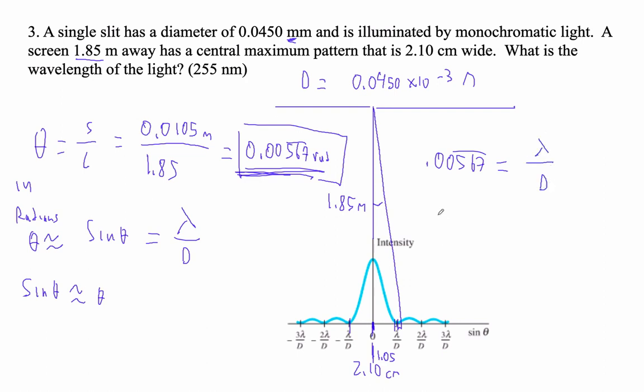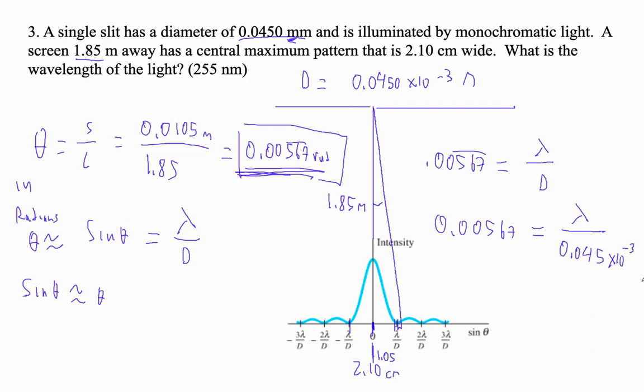So 0.00567 is equal to the wavelength that we don't know divided by the diameter of the slit, which we do know, 0.045 times 10 to the minus third. Don't forget that.